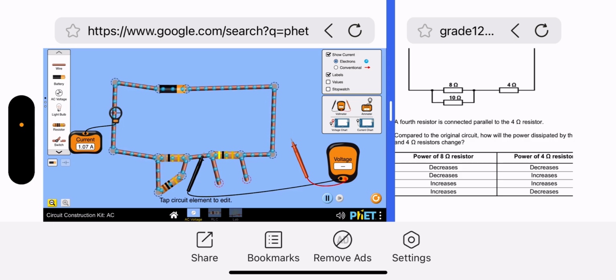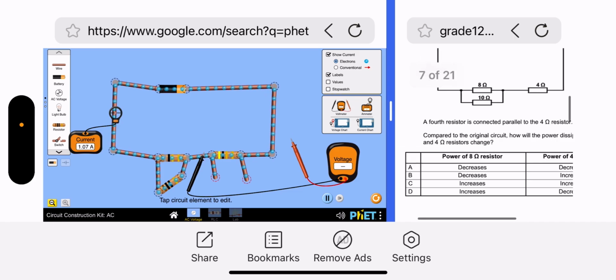What I'm predicting is as soon as we have a resistor in parallel, remember when the resistor is just alone there, the 4 ohm resistor, the full current will pass through. If the full current passes through, the power reading will be a certain reading, right? Now, if we add a resistor in parallel, the current will be divided. So I'm expecting for the 4 ohm resistor, the power to actually decrease.